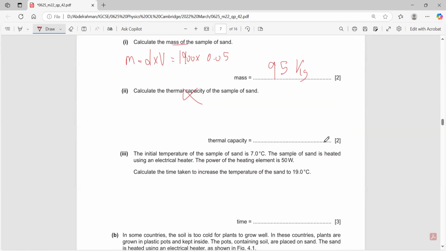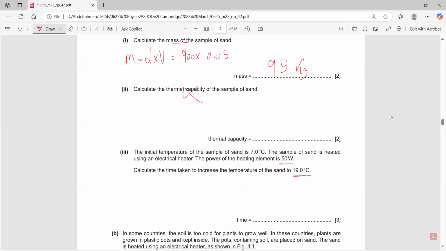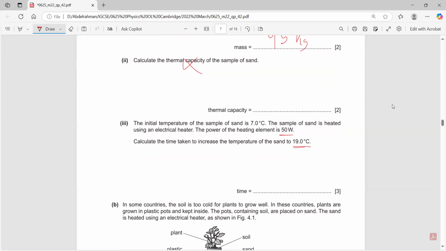The initial temperature of the sand is 7 degrees Celsius. The sample of sand is heated using an electrical heater. The power of the element is 50 watts. Calculate the time taken to increase the temperature to 19 degrees Celsius. Can I find the time taken? Yes. You have the mass, and you do have the power.